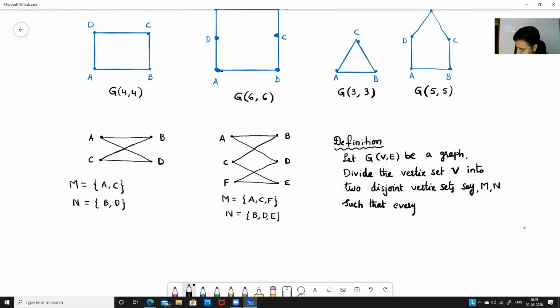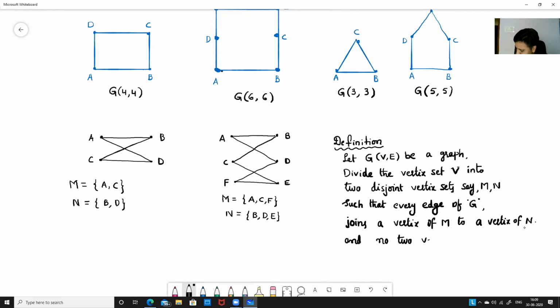every edge of G joins a vertex of M to a vertex of N, and no two vertices of the same set are connected.